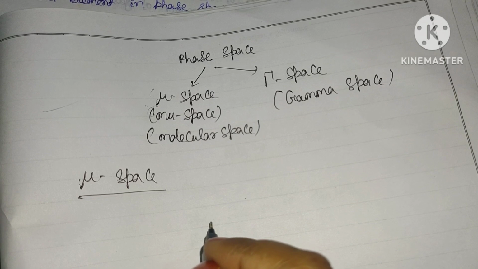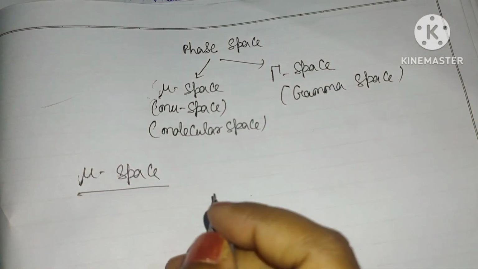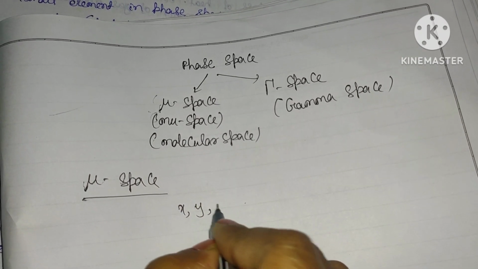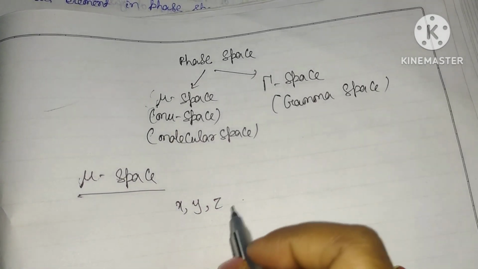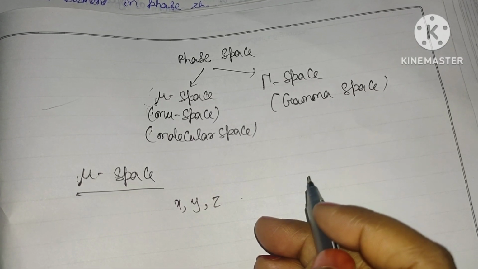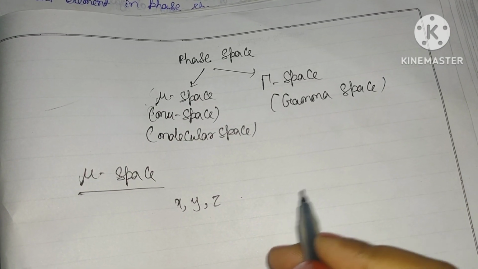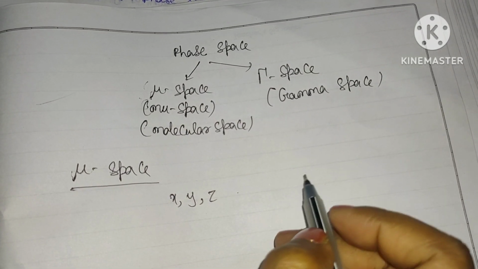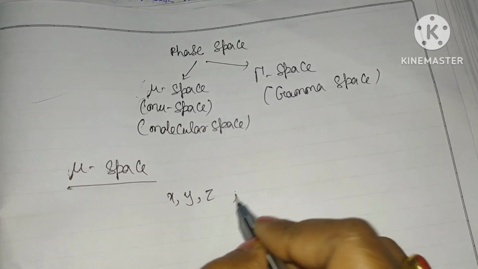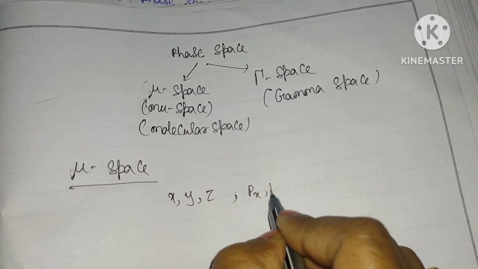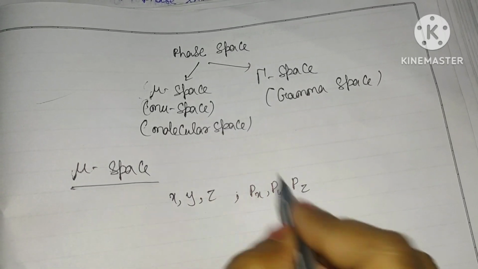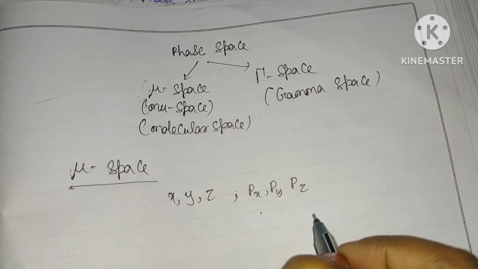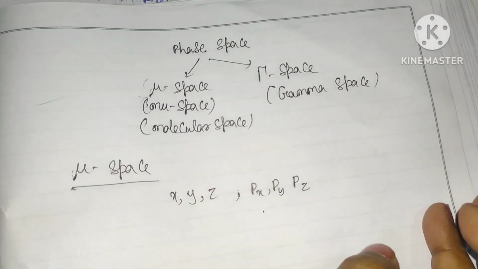The position of the atom can be specified in terms of rectangular coordinates x, y and z, which is position space. The momentum in rectangular components will be px, py and pz, which is momentum space. So these 6 coordinates for each atom, when known, determine the state of the gas.